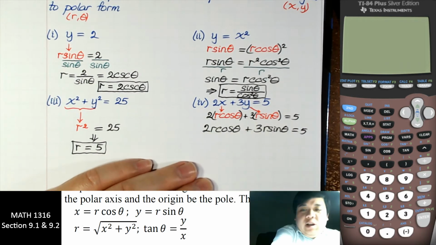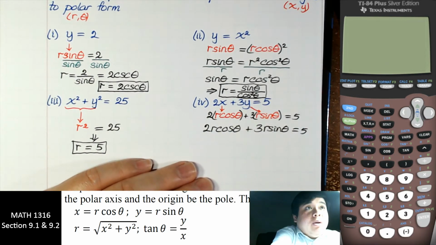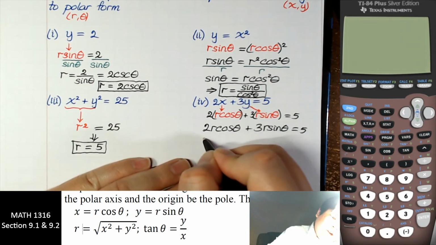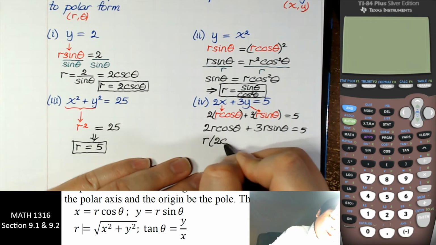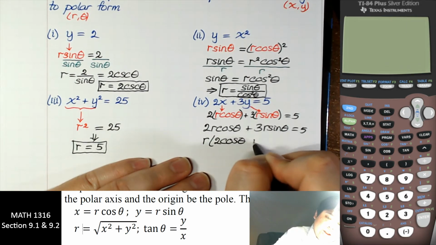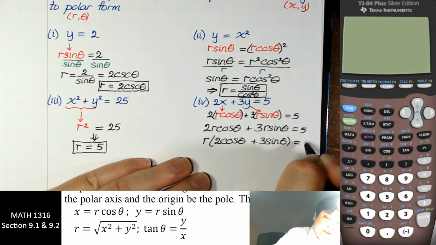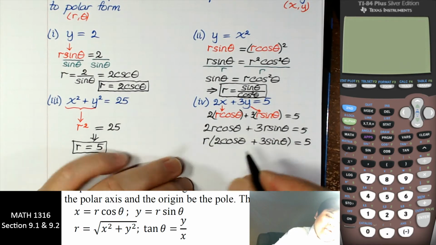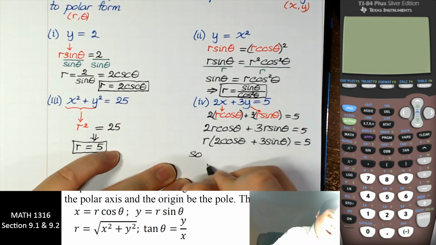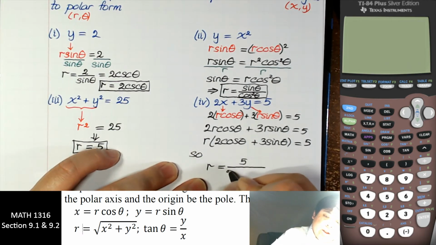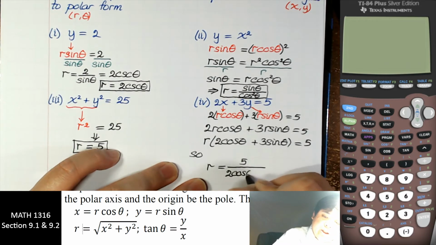Actually, this is good enough because we do have it in terms of r and theta. Now, if we want, we can factor out r, 2 cosine theta plus 3 sine theta, and then divide by that. So r equals 5 over 2 cosine theta plus 3 sine theta.